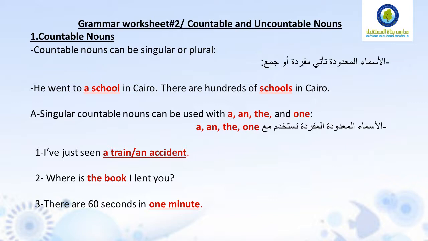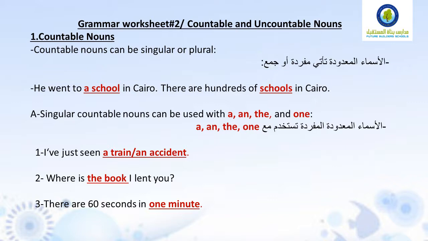Now, singular countable nouns can be used with a, an, the, and one. So, only for the singular, we can say a, an, and one. Now, the article the, with a, an, we use it also with the singular.